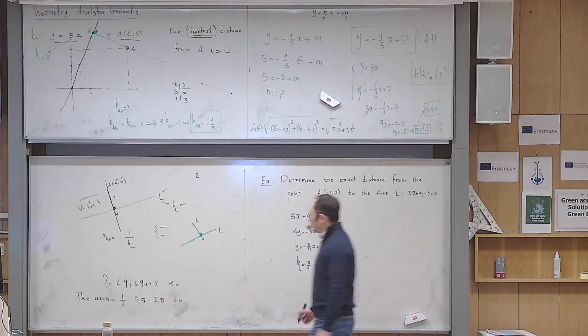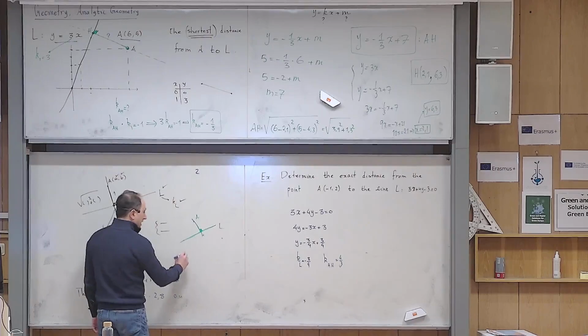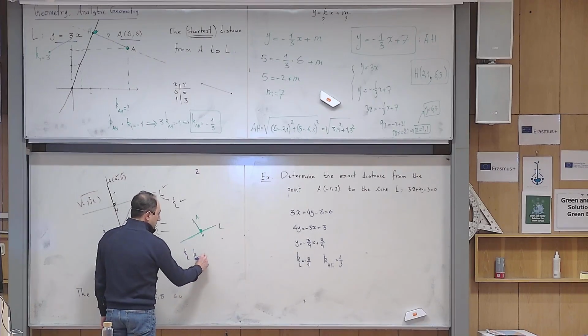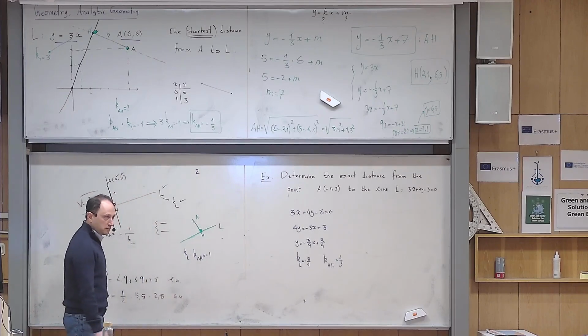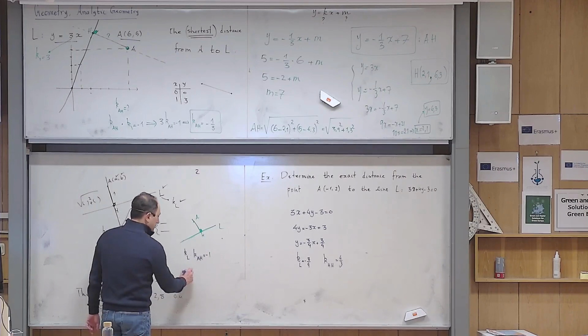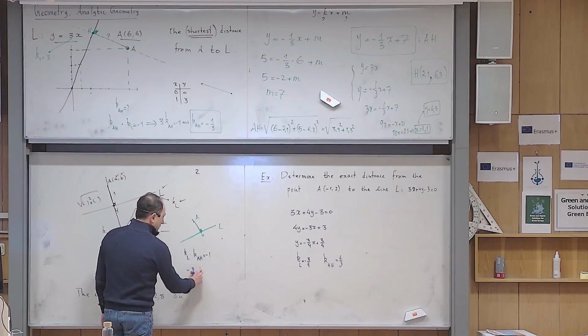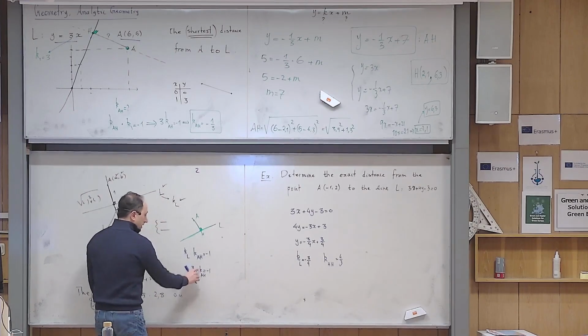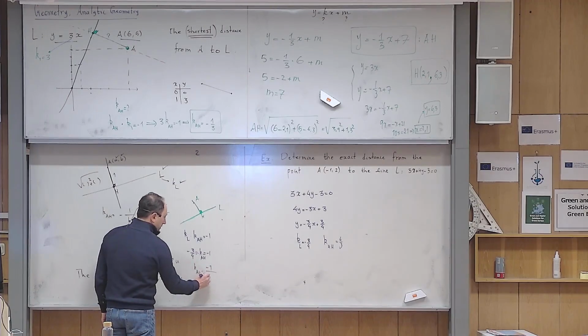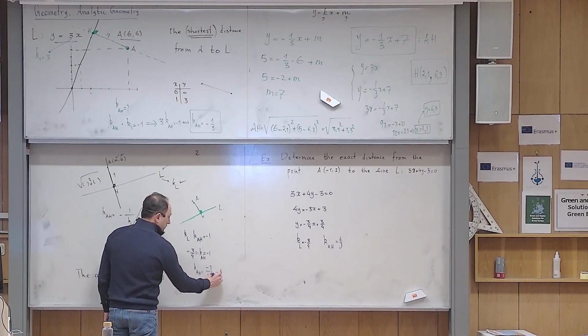Why is that? If you don't want to do it, it is hard. You have to write k of L multiplied by k of AH is equal to -1 every time. But after you understand it, do it quickly. k of L is -3 over 4, times k of AH is equal to -1. Then k of AH becomes -1 divided by -3 over 4, which becomes 4 over 3.